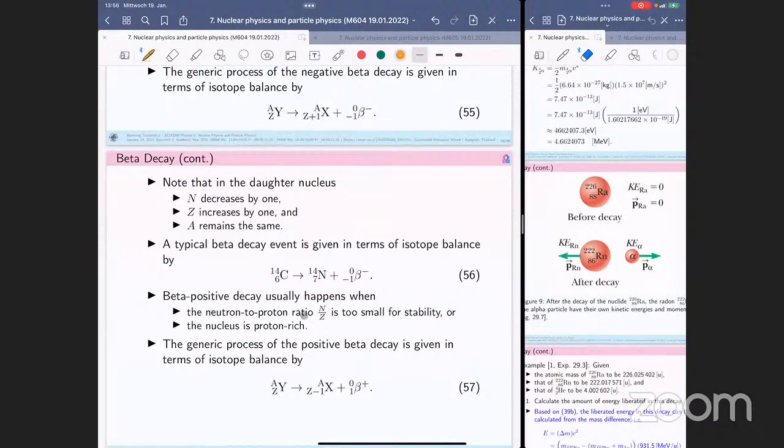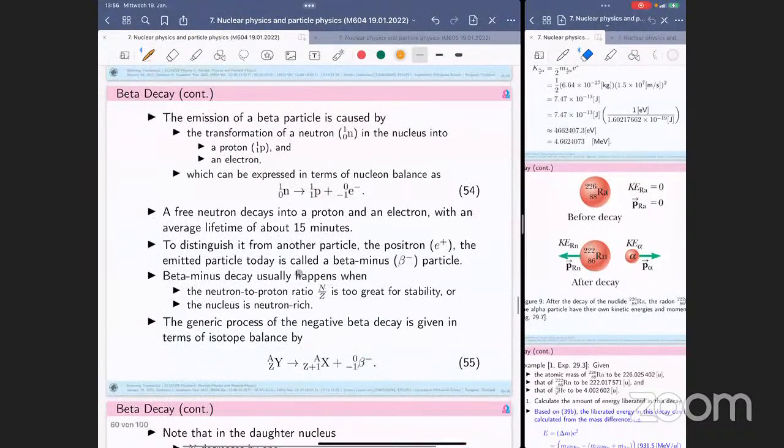So the neutron to proton ratio is too small. There are too many protons inside the nucleus. The nucleus has to convert a proton to a neutron for stability. In this case, it's called proton rich. In beta minus, it's called neutron rich because it's full of neutrons.